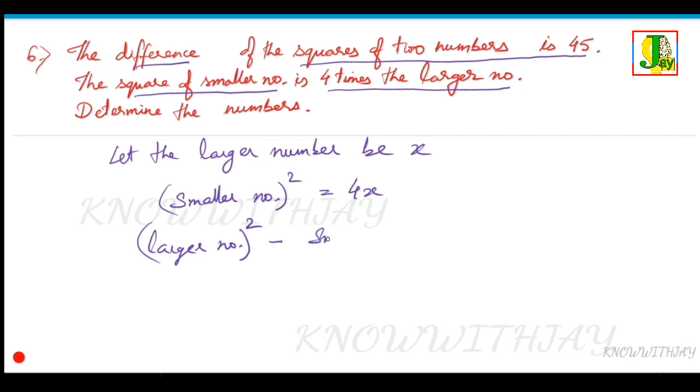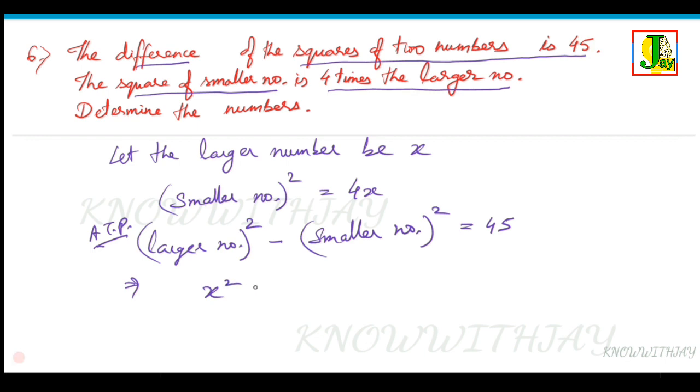Obviously the smaller number square has to be subtracted from the larger number square, so smaller number square. So the difference is 45. Now the important part is to write the given condition in an expression format. So this is according to the problem.